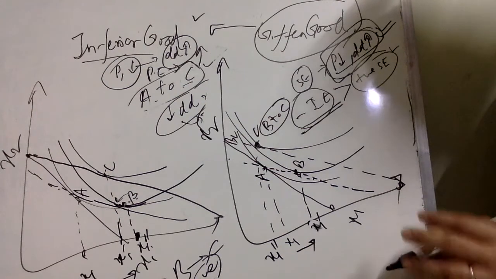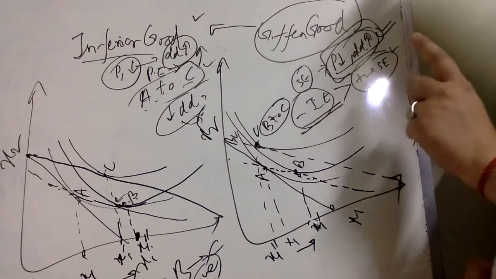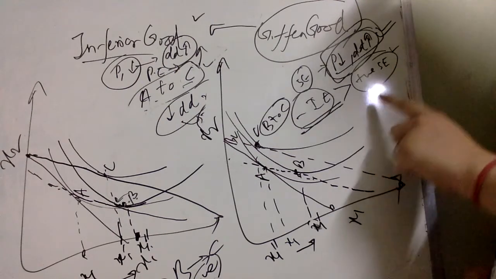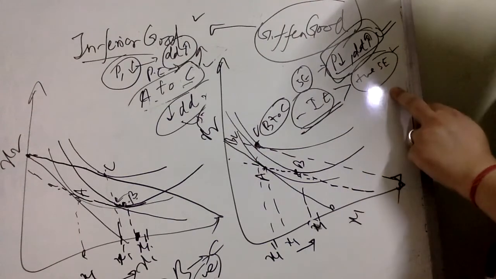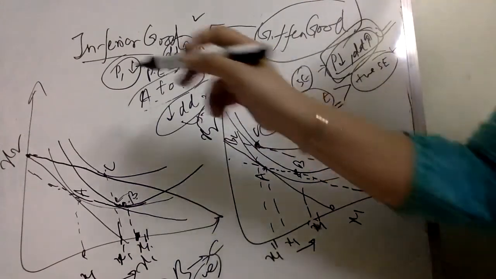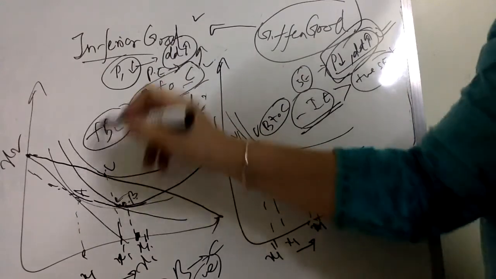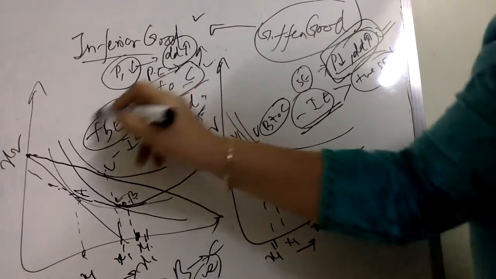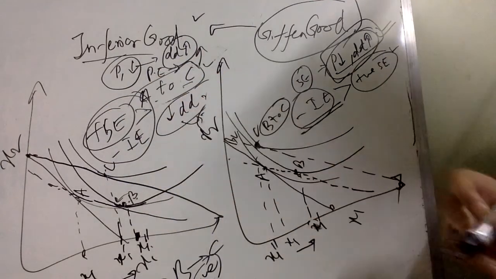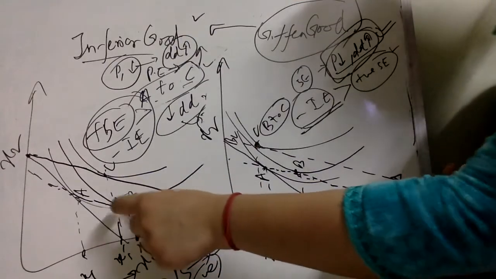That's the important difference between the inferior good and the Giffen good: in the case of the Giffen good, the negative income effect magnitude is larger than the positive substitution effect. However, in the case of an inferior good, the positive substitution effect magnitude was larger compared to the negative income effect.